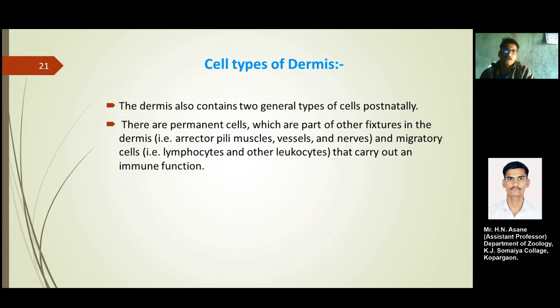There are permanent cells, which are fixtures in the dermis, that means the arrector pili muscles, vessels and nerves, and migratory cells, that is the lymphocytes and other leukocytes that carry out immune functions and are located in the dermis.